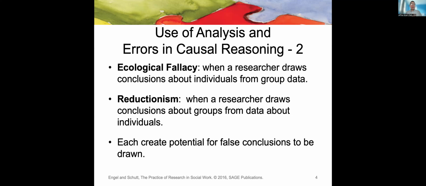Now, when we engage in reductionism, this is when the researcher draws conclusions about the groups from data about individuals. And this is what I did in Bolivia. I had data from individuals, but I was starting to make assumptions about the whole groups, that all or many of the folks who engage in microcredit, taking out these loans, that it's bad, and it's bad for them.